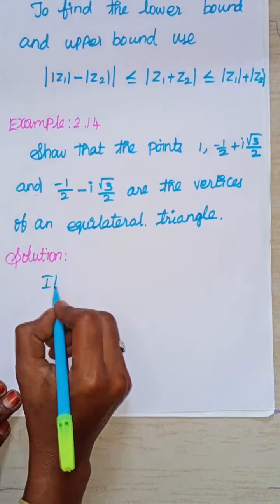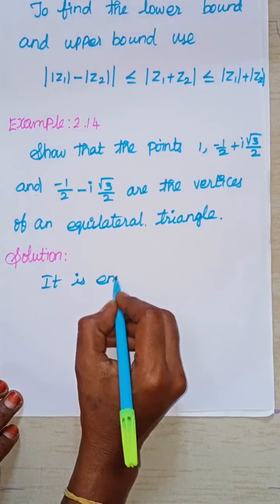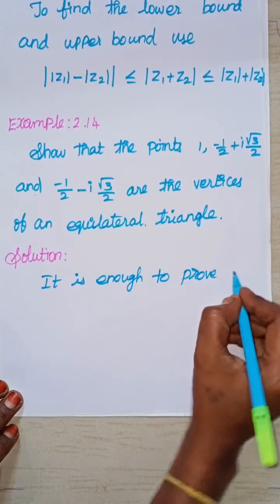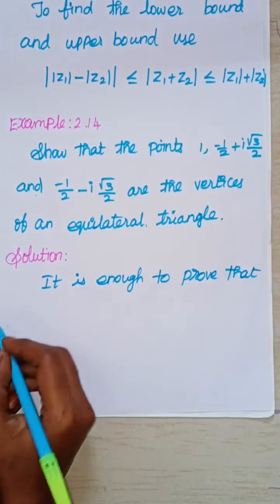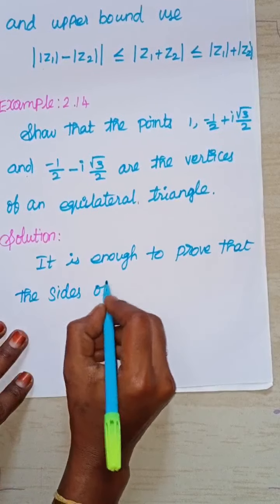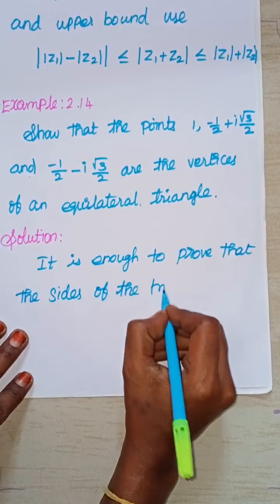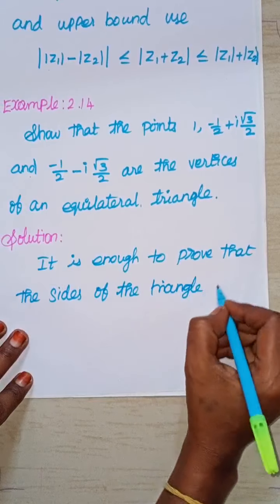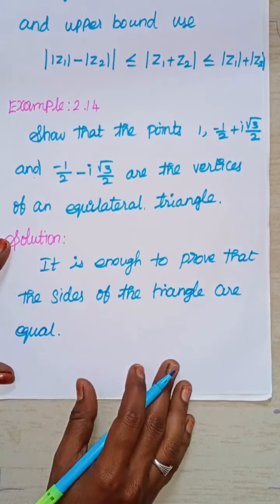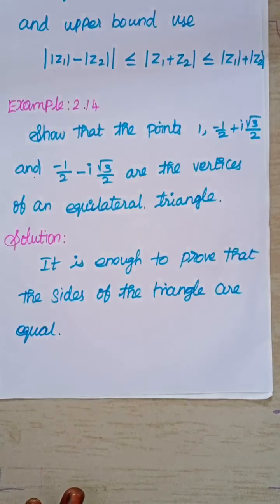So it is enough to prove that the sides of the triangle are equal.